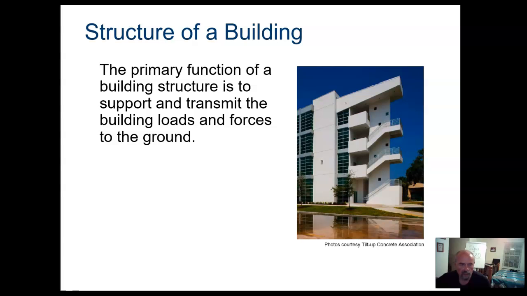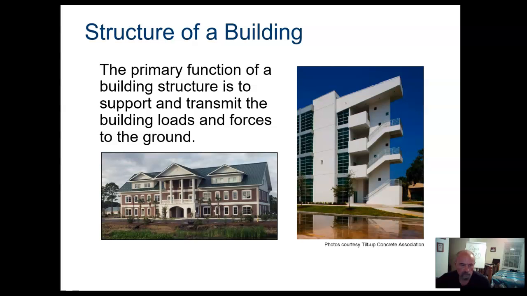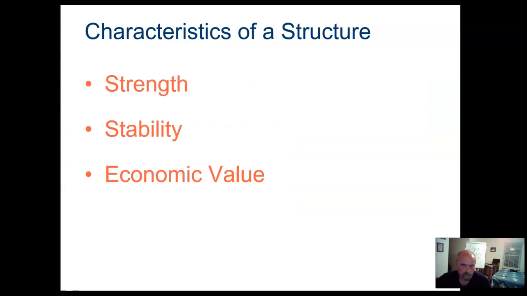So, when we're looking at the structure of a building, the primary function of a building structure is to support and transmit the building loads and forces to the ground. Different characteristics of a structure: it has to include strength, which is the capacity of a structure to carry the loads applied to it.